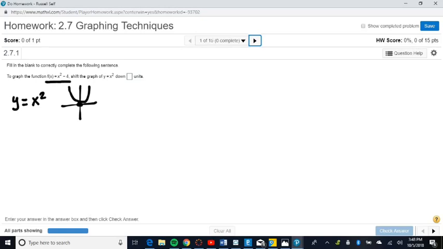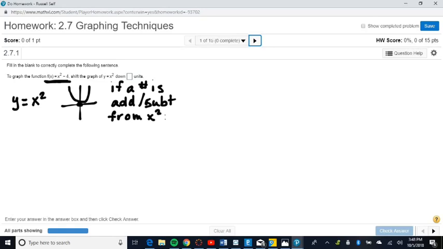But the first ones we're going to look at are shifting up and down, okay? So the way that works is if a number is added or subtracted from your x squared. So see here, this one in particular says x squared minus 4.